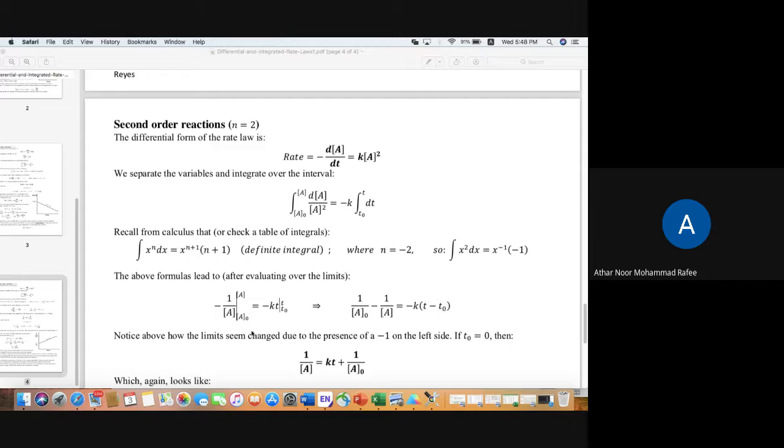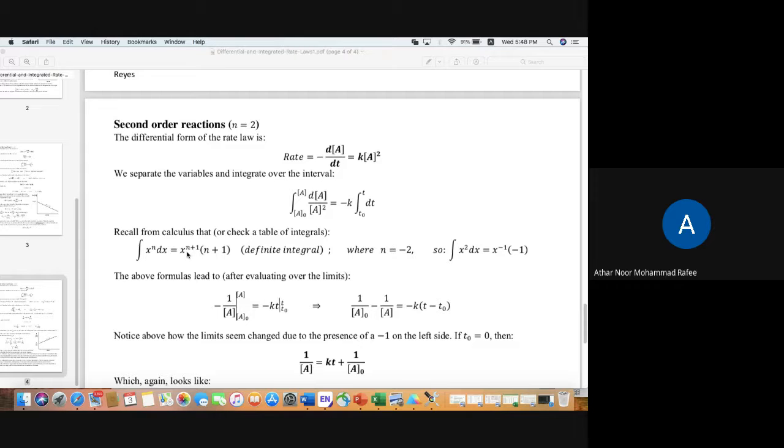Sir, can I ask you a question? Yeah, sure. X to the power n plus 1, isn't it divided by n plus 1 in the formula for the integral of x to the power n dx? So what is the problem here?